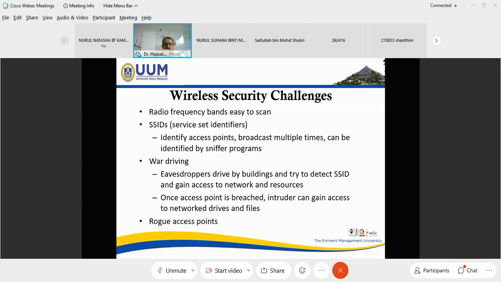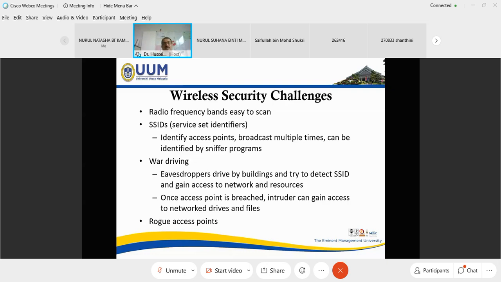There is also war driving, where intruders drive by buildings and try to detect the SSID, the service set identifier, and gain access to the network and resources. The hacker would like to log into the network.